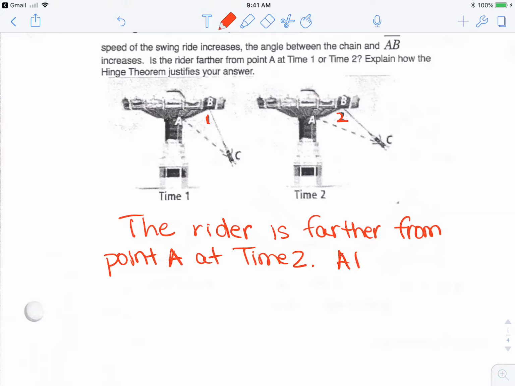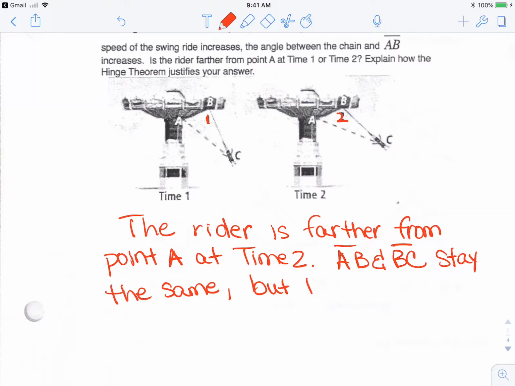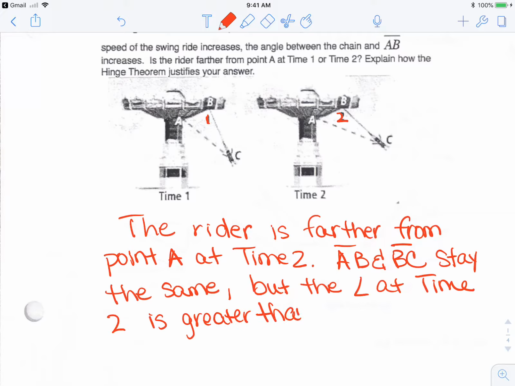So AB and BC, sorry about the doors, stay the same. But the angle at time 2 is greater than the angle at time 1.